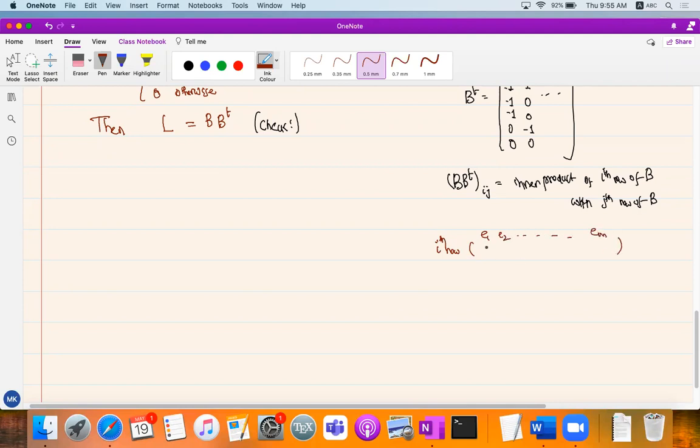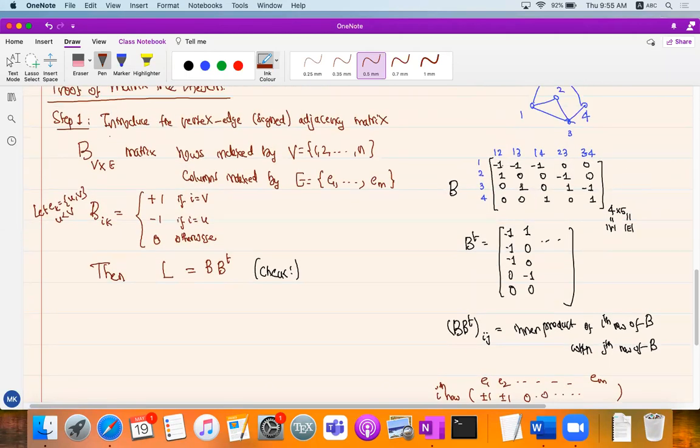You will have either +1 or -1, or zeros, etc. Now the jth row will also have, in each column, there can be one -1 and one +1. You see that, right?